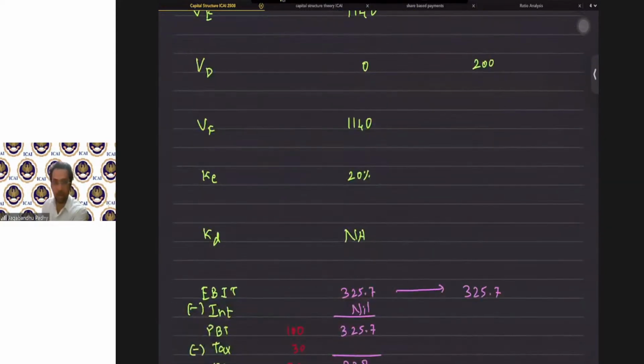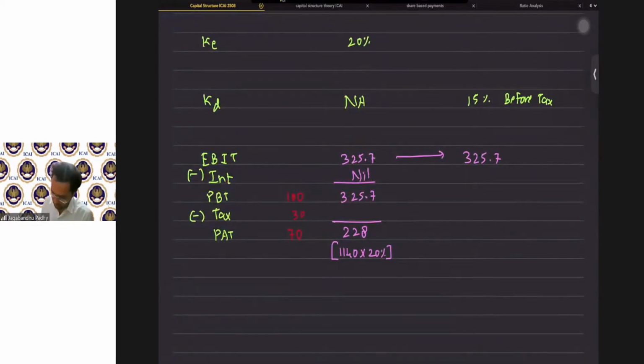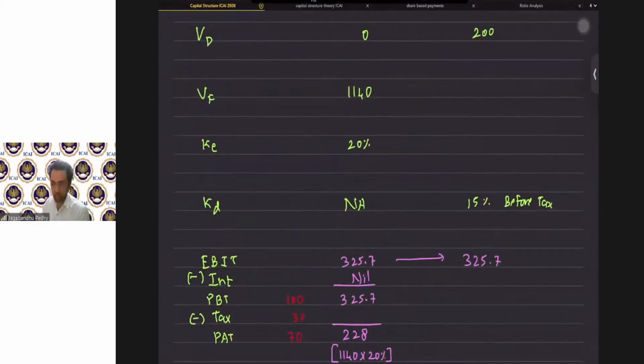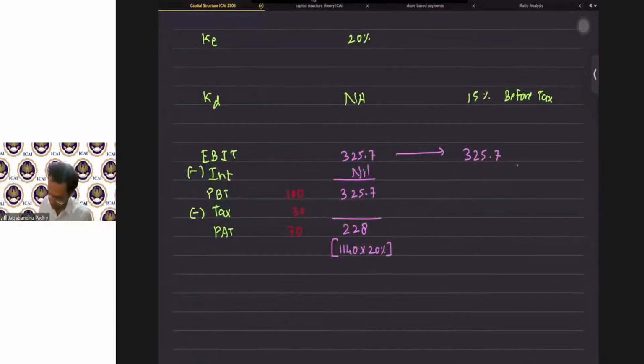And on this debt, we are actually going to pay 15%, which is the before-tax cost of debt. So the interest in the levered scenario is 200 multiplied by 15%, which is 30. And your PBT is 295.7.